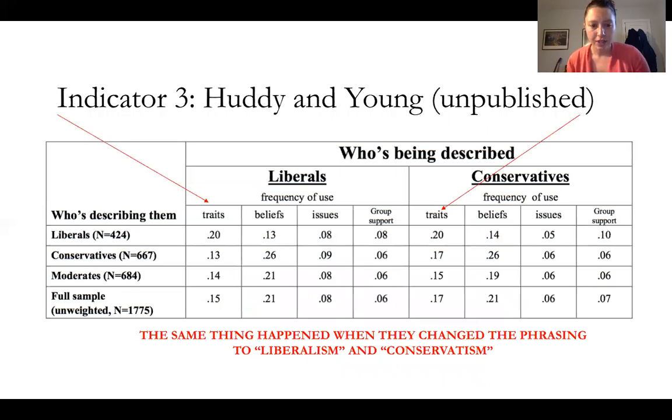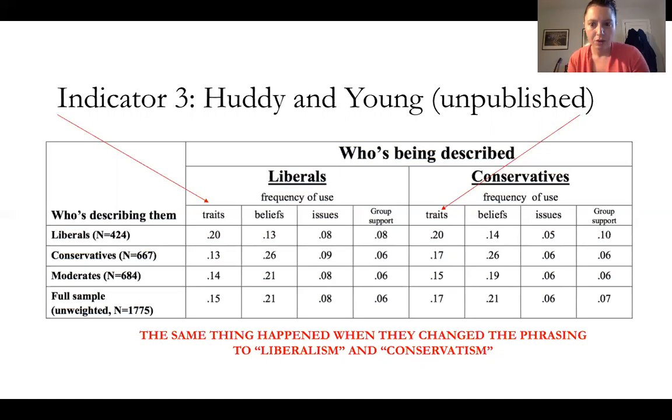And what's interesting here is there tend to be a decent number of people that do talk about belief systems when they hear liberals and conservatives, but you'll notice that there's also a lot of talk about character and personality traits, which is odd because liberalism and conservatism really don't have to do with personality traits. They have to do with the role of government in our lives and issue positions.